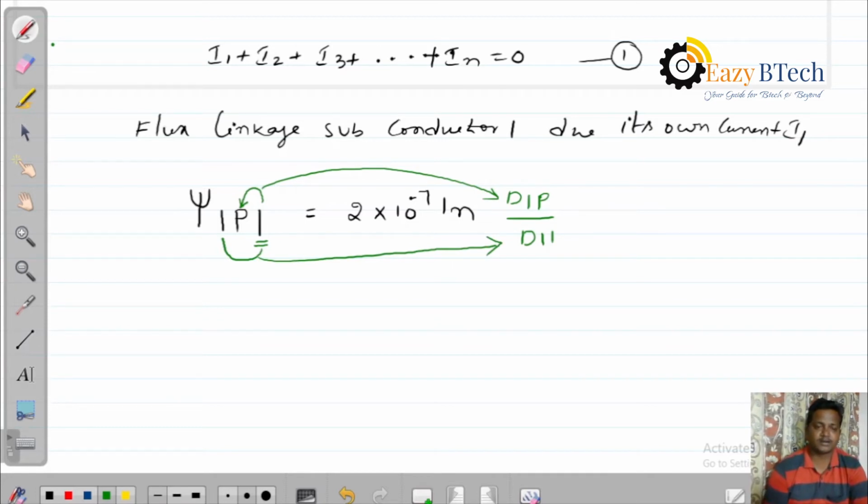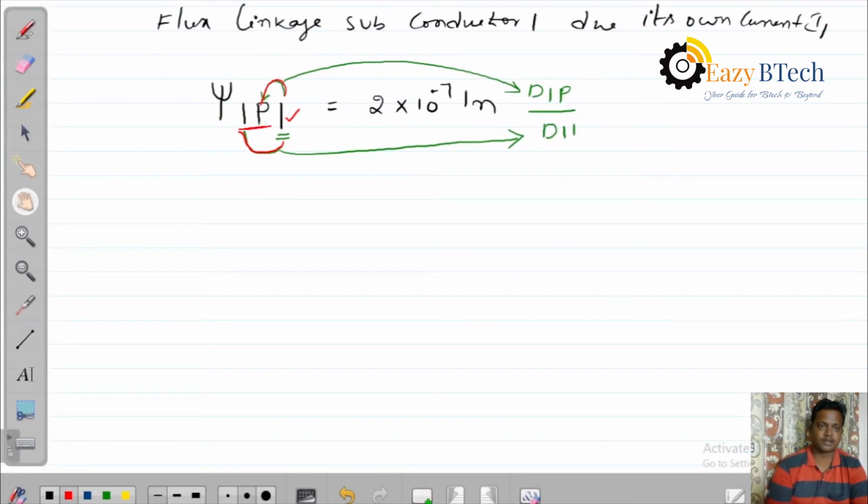Psi 1P1 is the flux linkage between conductor 1 and P due to the current flowing through the first subconductor. The shortcut equation is 2 into 10 power minus 7 ln of the distance from 1 to P divided by 1 to 1. We have to use the same expression for the remaining also.